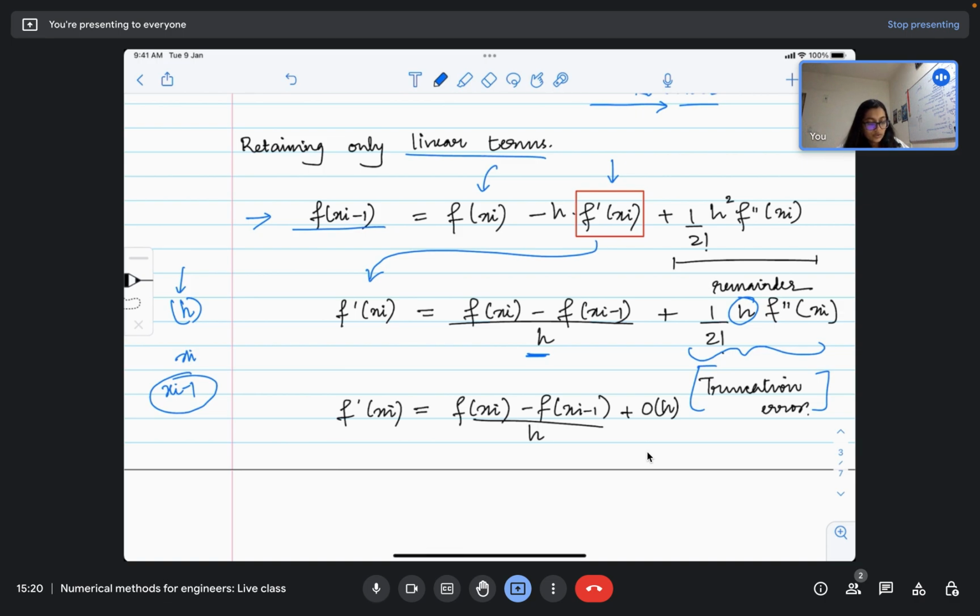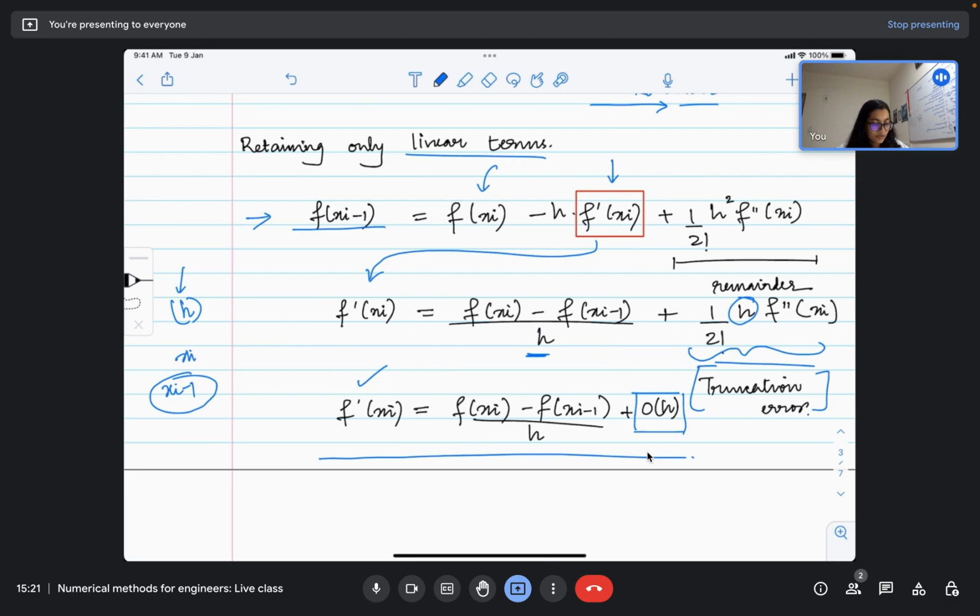Okay, so we want to reduce this entire remainder term by understanding which order of h it depends on. So we simplify and write this entire expression as f dash of xi, which is what we are actually interested in finding out, equal to f of xi minus f of xi minus 1 divided by h, and the truncation error has an error of order h.